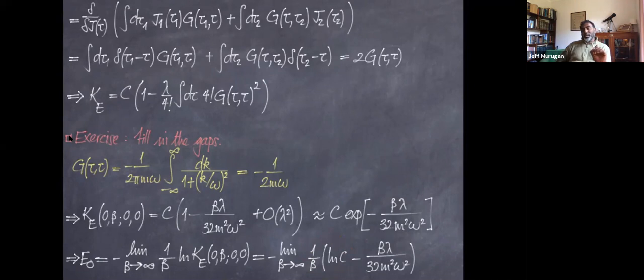And if I want to know what that part is, I notice that it is β dependent, but it is λ independent. So in the limit that λ goes to 0, this must just give the expression for the ground state of the harmonic oscillator, which we know is a half ħω if I reinsert ħ by dimensional analysis. So that's where this part comes from.